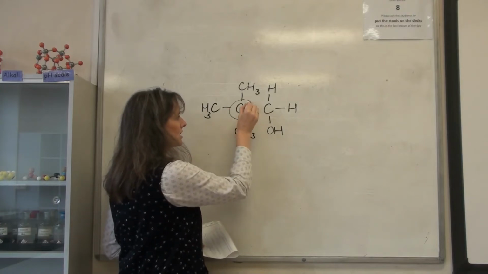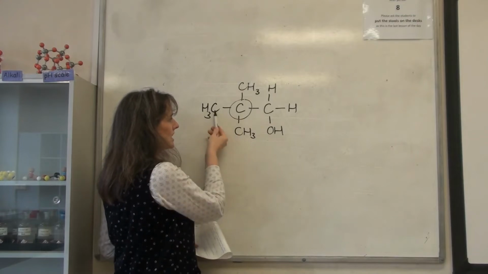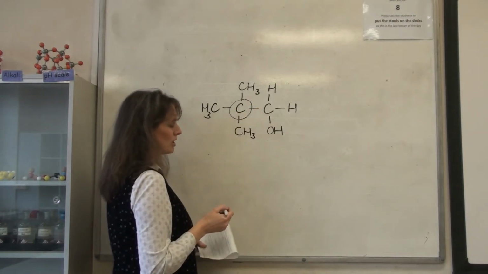So this is the adjacent carbon, and this doesn't have a hydrogen on it. It's got C's at every position because it's highly branched.